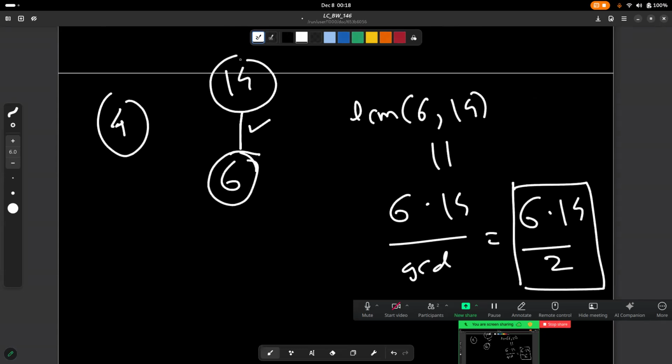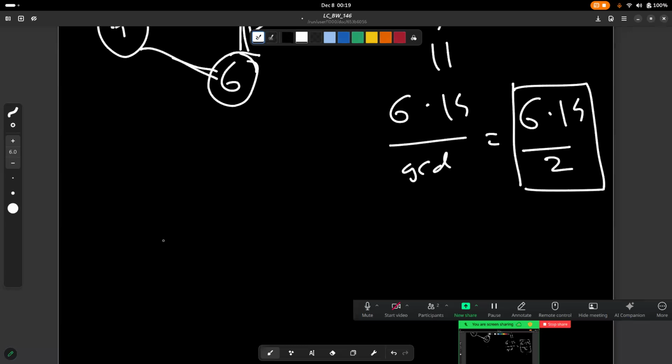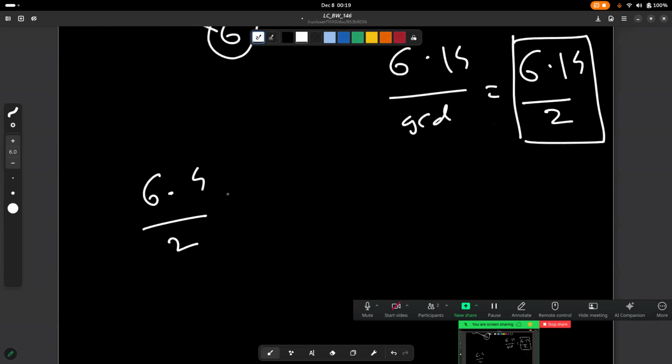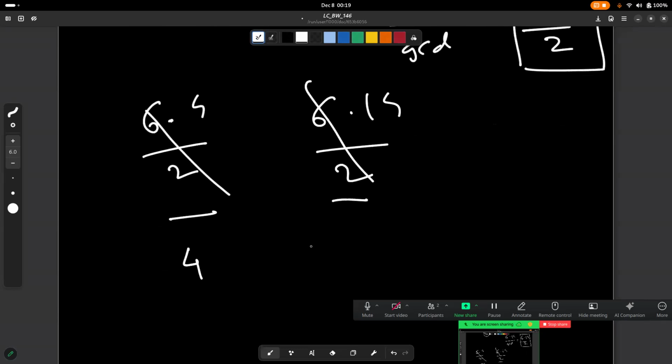But since I can add an edge between 6 and 14, by definition I can also add an edge between 6 and 4. Why? Because the cost of this edge will be 6 into 4 divided by their GCD, that is 2. If you compare these two terms, 6 into 14 divided by 2 and 6 into 4 divided by 2, cancel out the common terms and you're just comparing 4 and 14.